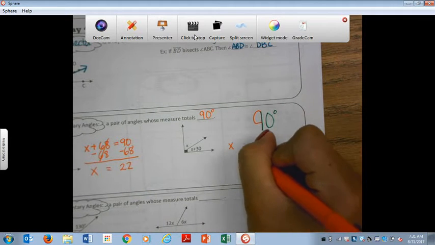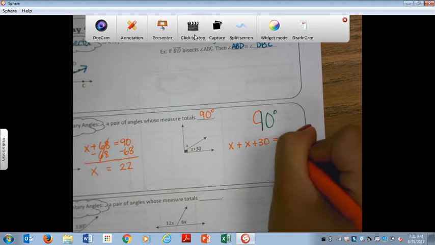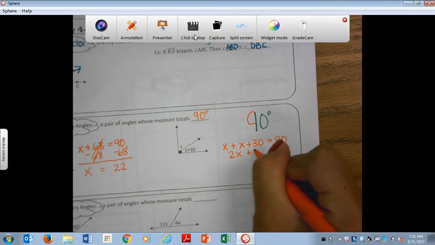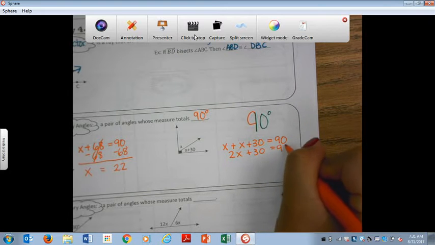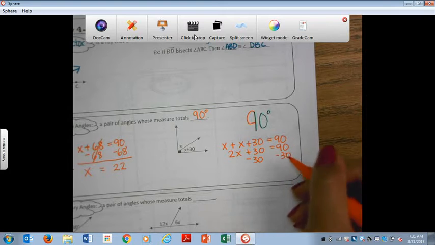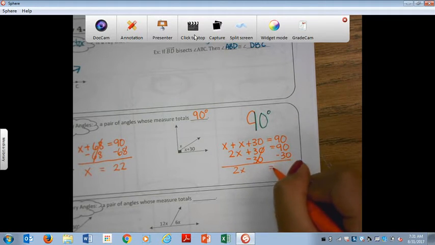X plus 30 equals 90. Then you would combine like terms, subtract the 30, 2x equals 60.